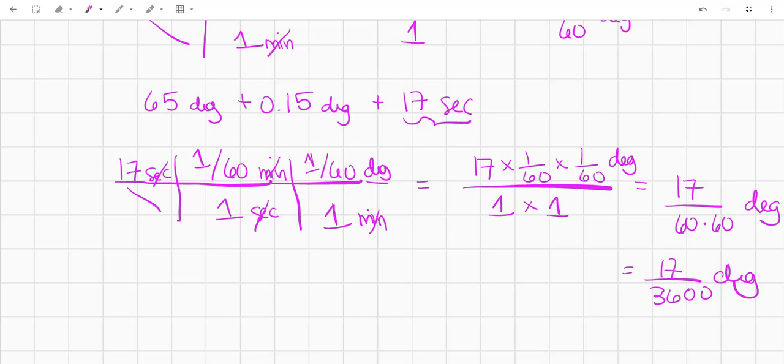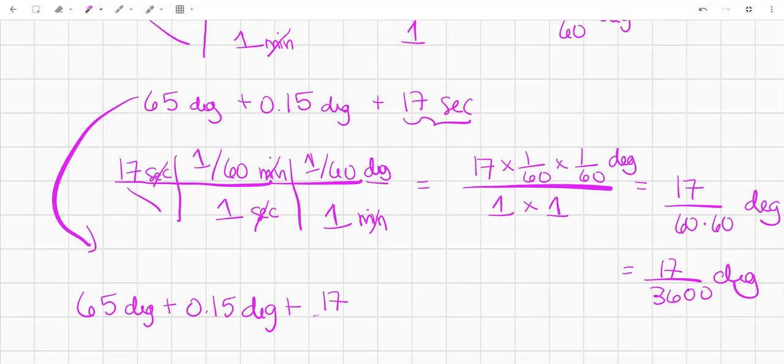So I can now rewrite my entire equation to be 65 degrees plus 0.15 degrees plus 17/3,600 degrees.